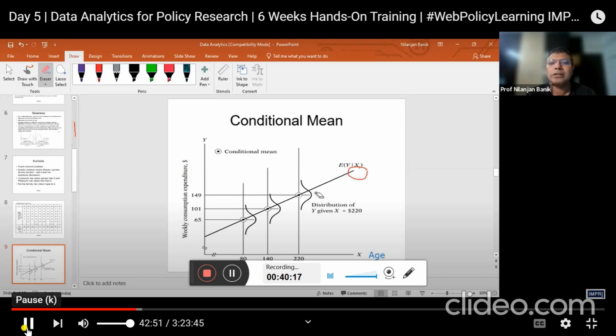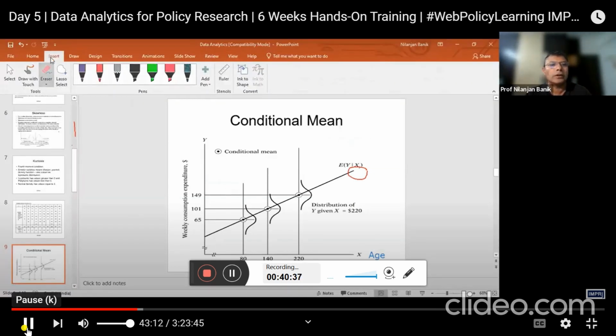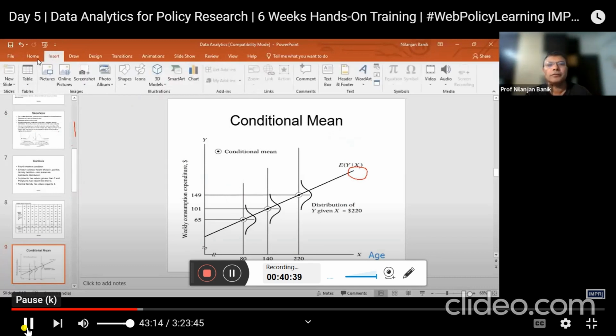In fact, correlation is the starting point of regression. My question therefore is, what do you think is the difference between correlation and regression? Anyone?